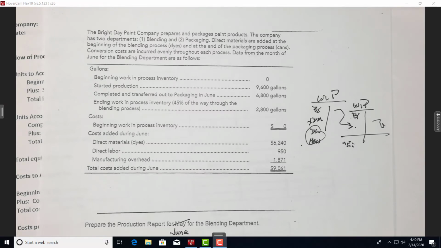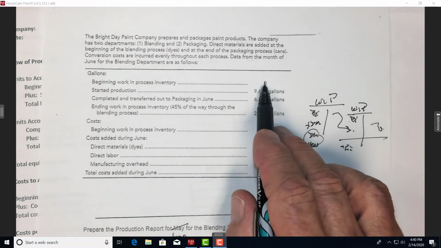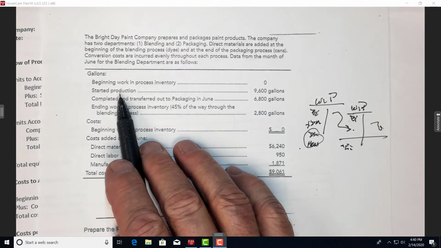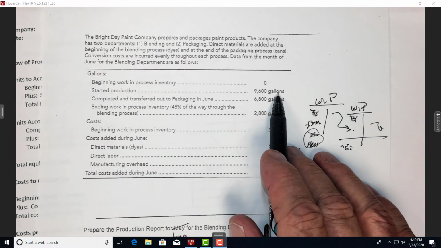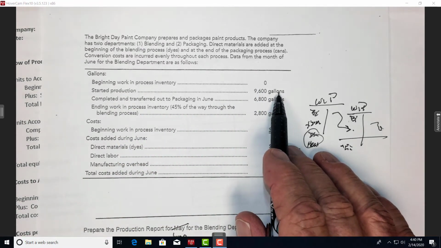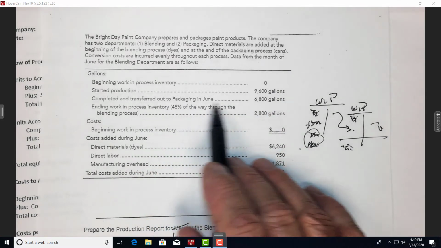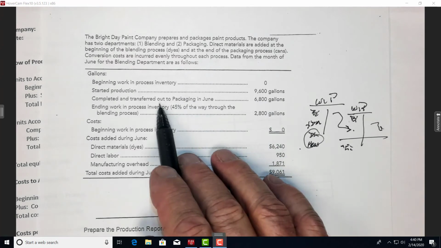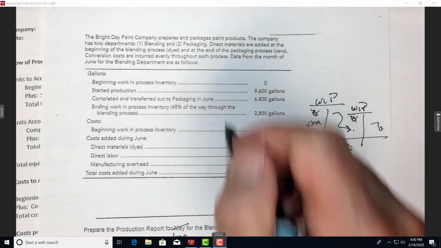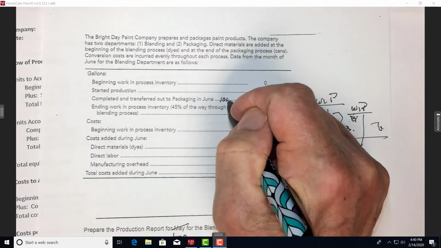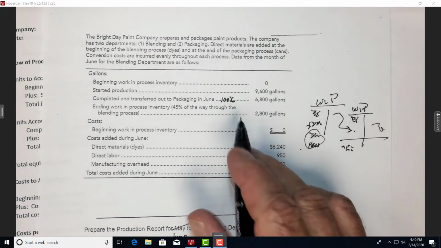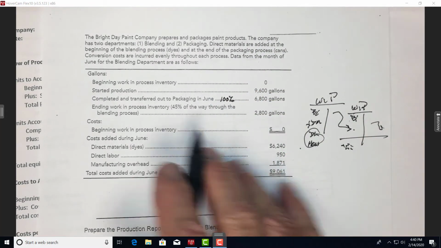You'll have beginning work in process, 0. It has starting production, 965,000 gallons. Completed and transferred out to the packaging. So this is completed and transferred out, which means this is 100% complete, and it's going to go out.